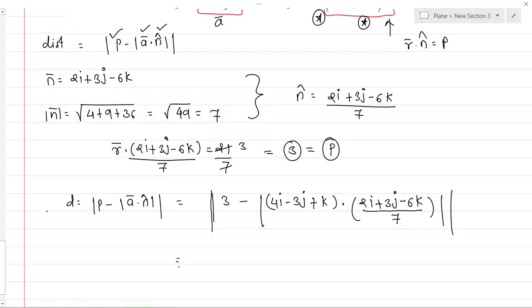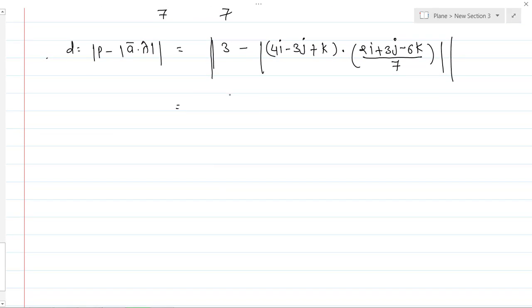Now let's solve this. This is equal to mod of 3 minus mod of 4 into 2 is 8, minus 3 into plus 3 becomes minus 9, and k into minus 6 becomes minus 6, all divided by 7.